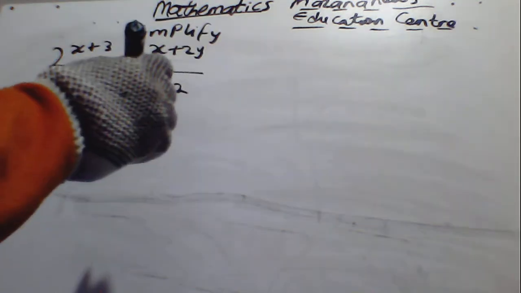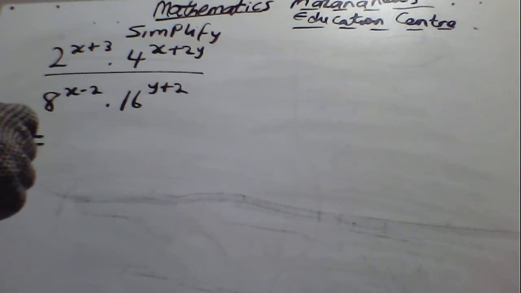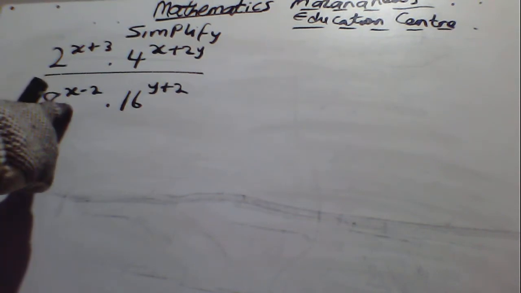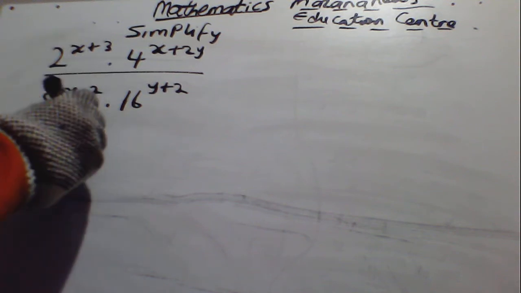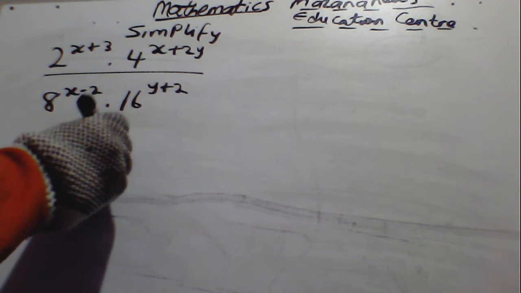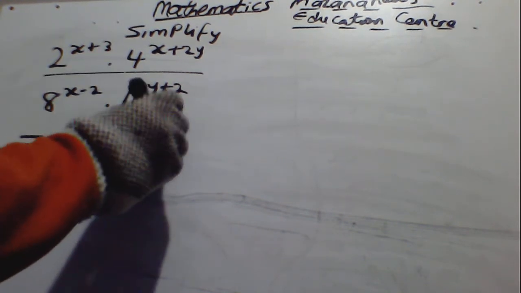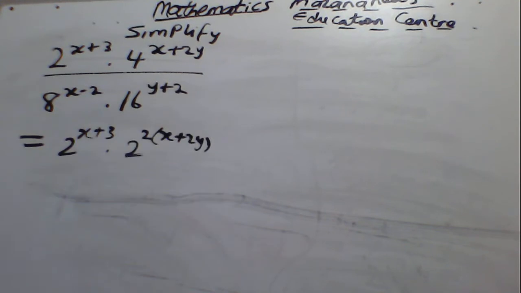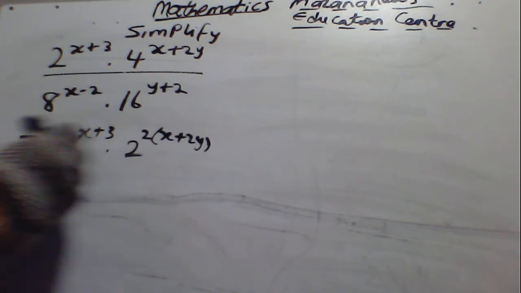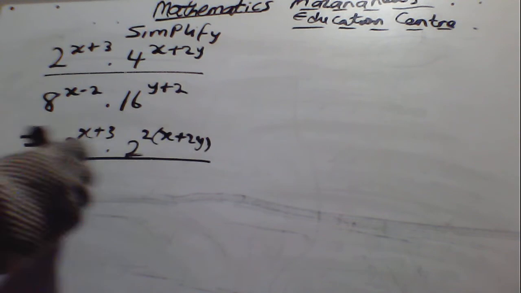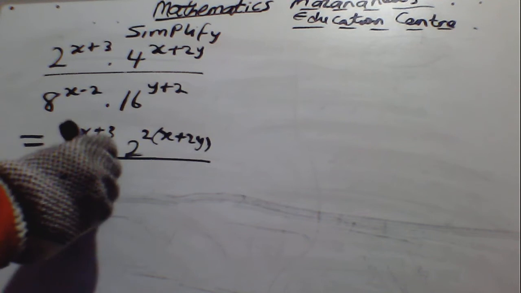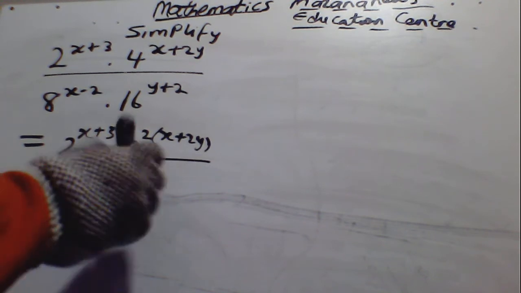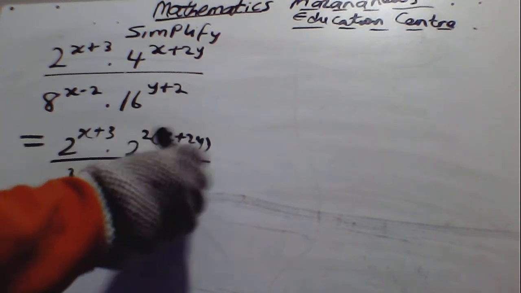So from here, this is the same as 2 raised to power x plus 3 multiplied by 4, which is the same as 2 raised to power 2 in bracket x plus 2y, divided by 8, put in power form, 2 raised to power 3 in bracket x minus 2, multiplied by 2 raised to power 4 in bracket y plus 2.